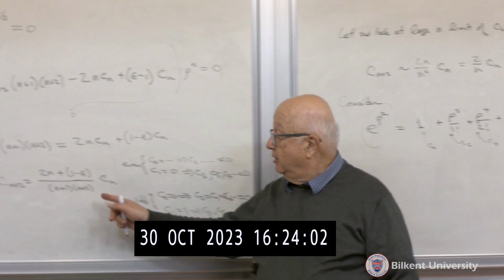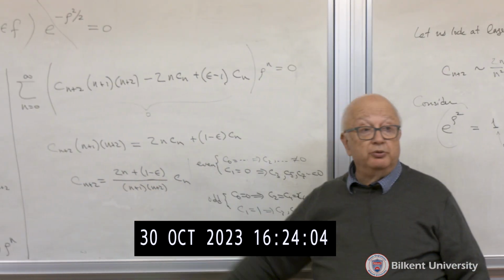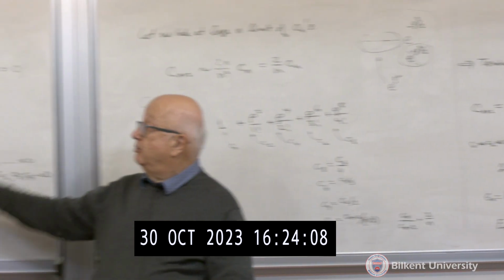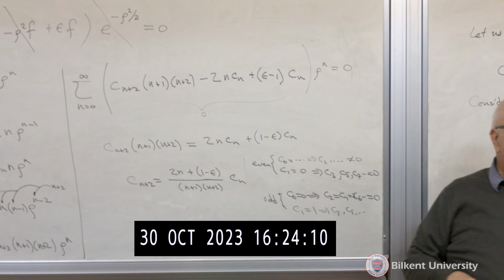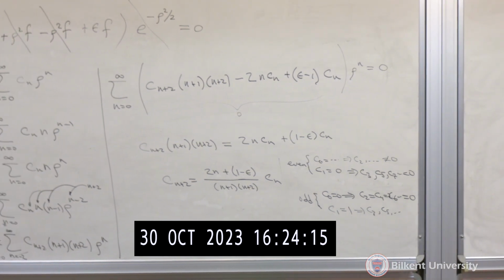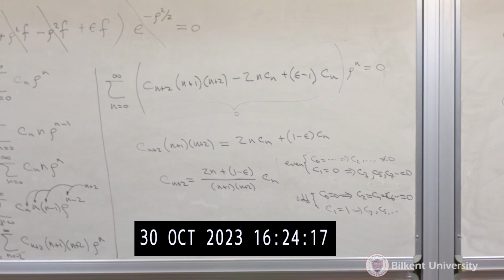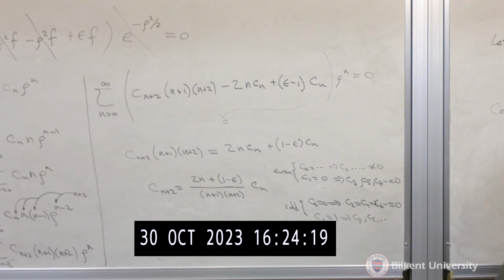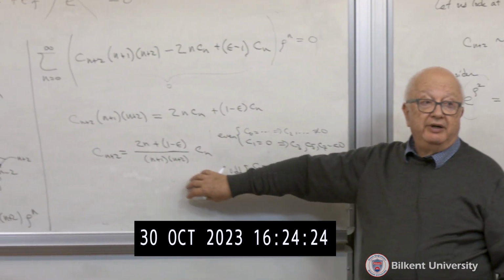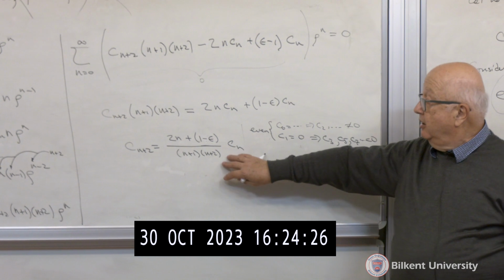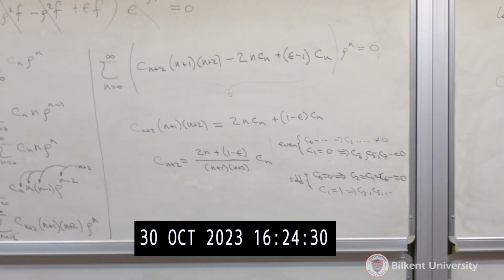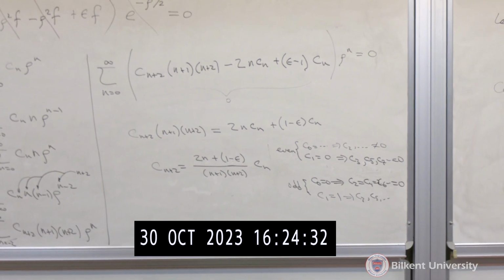Why? Because if you have a C8, then you must also have a C10, otherwise you are not satisfying this equation. So you have to satisfy the full equation, for all n. And the way to satisfy it for all n is to make sure that it stops someplace. If it doesn't stop, then you will get into trouble.